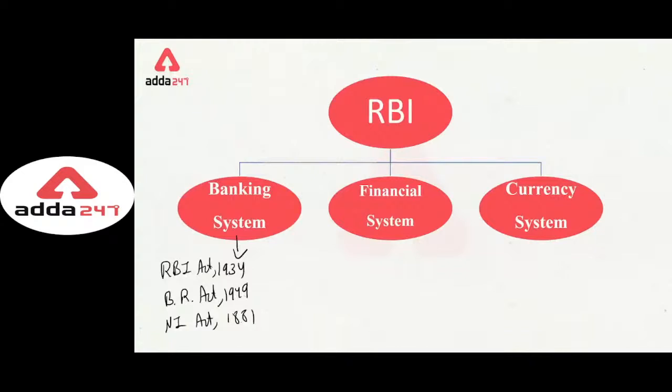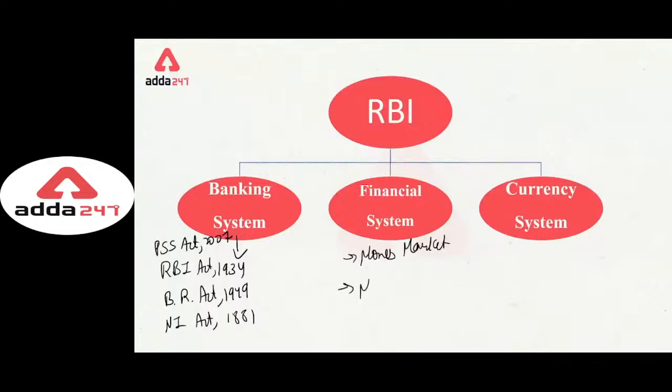Okay, so these are the certain acts which are used under the banking system, and the payment settlement system also. Payment Settlement System Act 2007. So these are the certain acts which are supervised by Reserve Bank of India while performing the regulatory function of banking system.